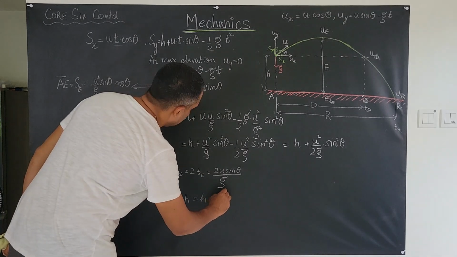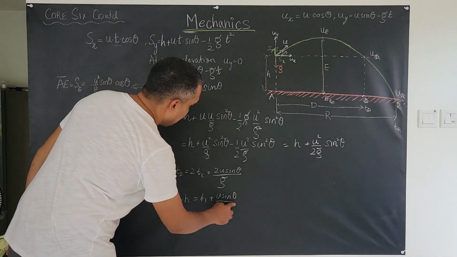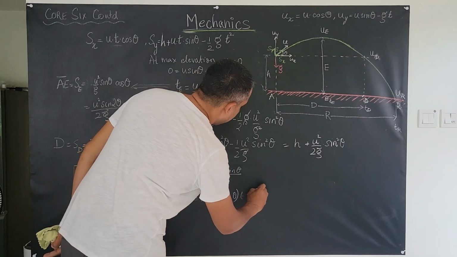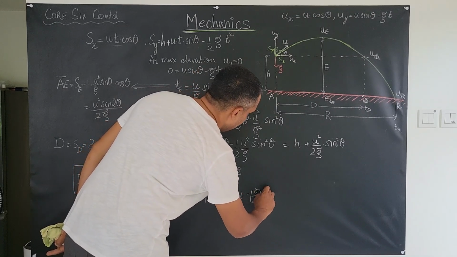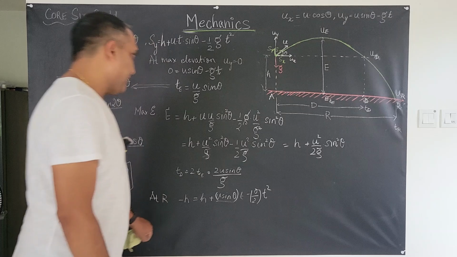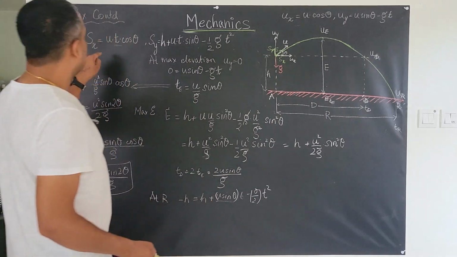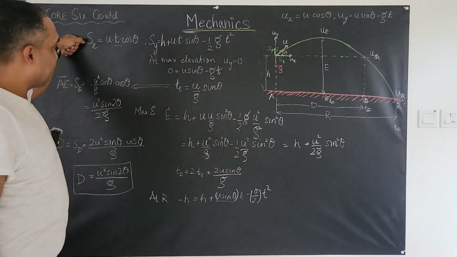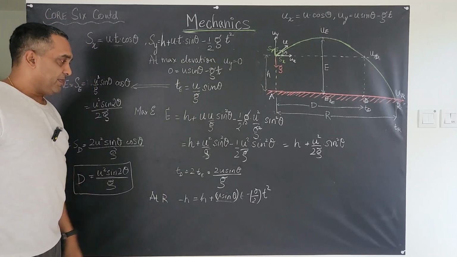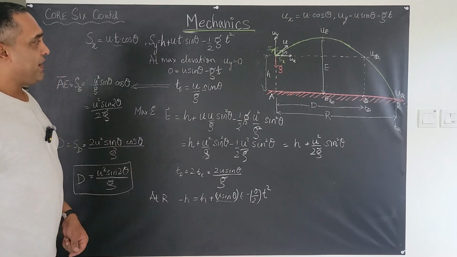Let's say u sine theta times t and a minus of g by 2 t squared. There we go. I can write that as a quadratic equation, use the quadratic formula and solve it. I should be able to get a value for time, which I can then substitute in here. It's going to be a pretty long trigonometric value, but I think you can resolve it and obtain that. I'll let you figure out that math. I don't want to make my board messy.